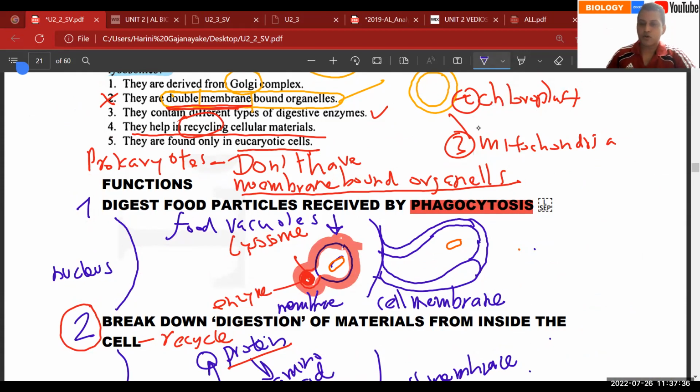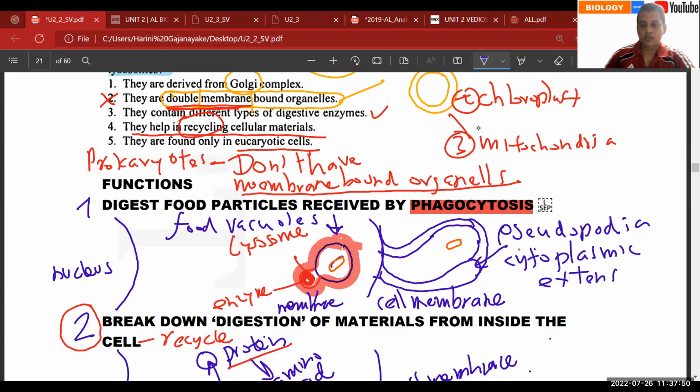These are called pseudopodia. These are the pseudopodia, cytoplasmic extensions. And here actin is important. Actin is important to make the cytoplasmic extension, because the cell membrane has to move, and actin filaments push them to make the pseudopodia.